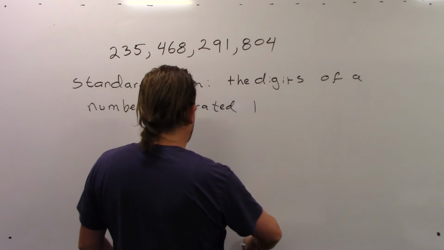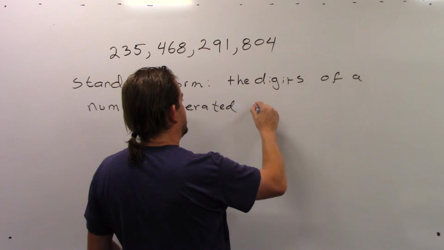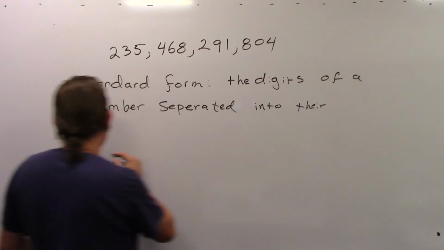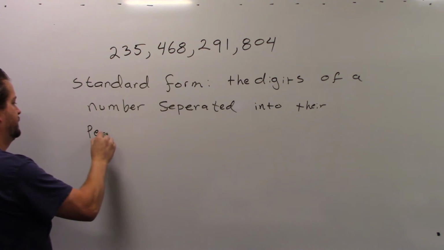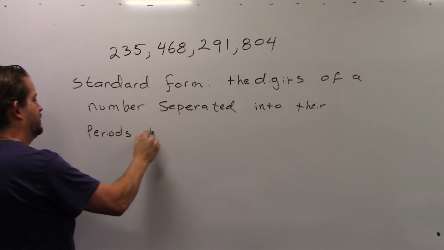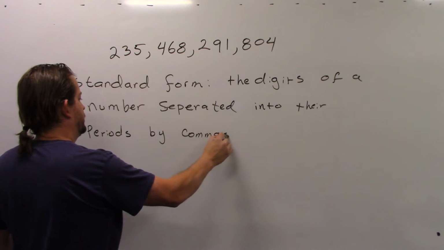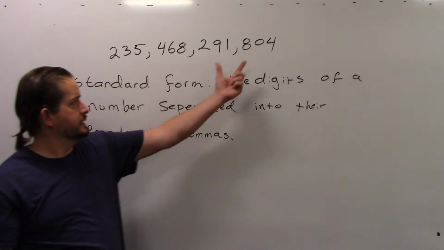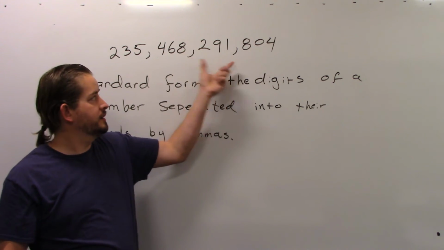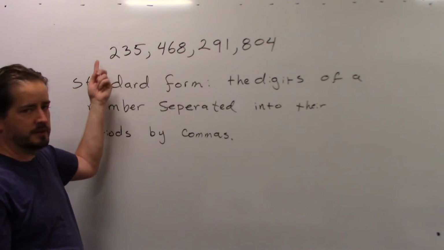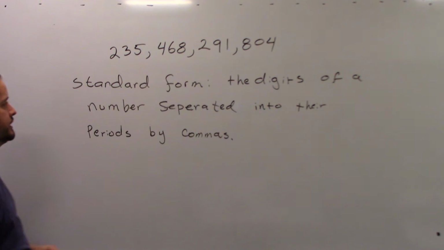The digits of a number separated into their periods by a comma. Well, it's easy to see the ones period here, comma, thousands period, comma, millions period, comma, billions, comma, trillions, and so on, so on, so on.